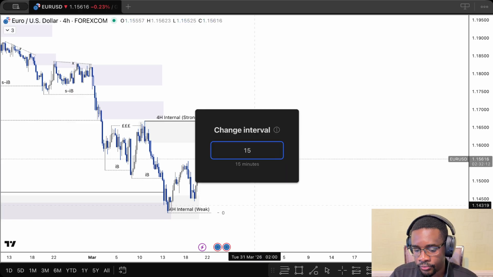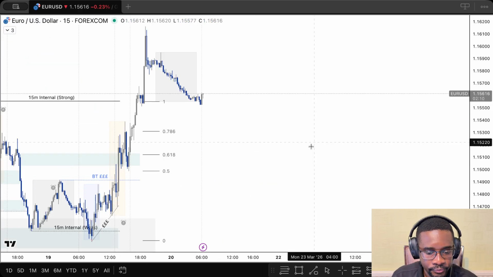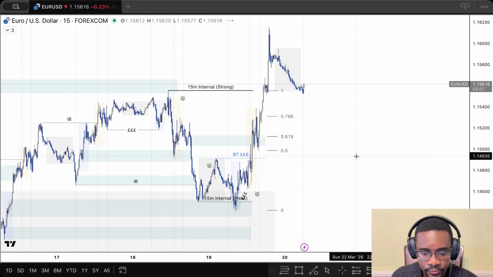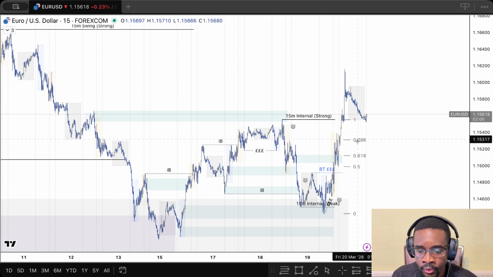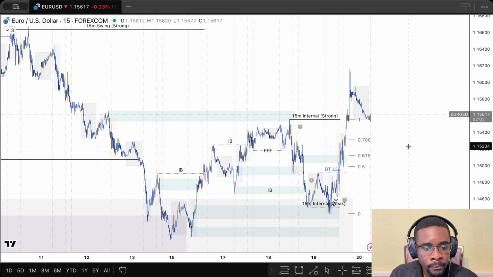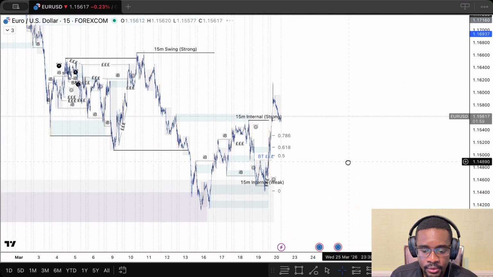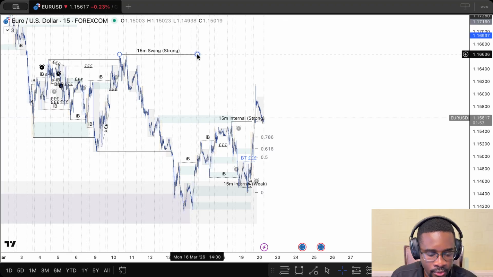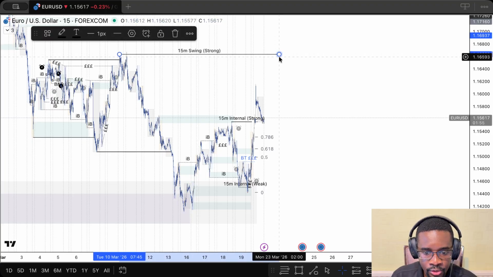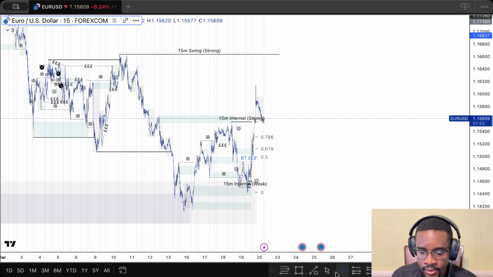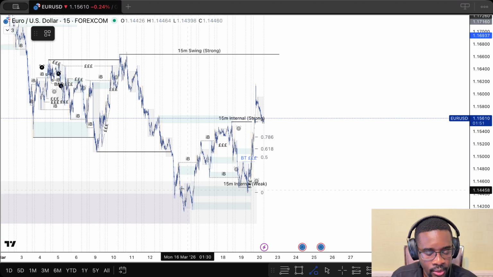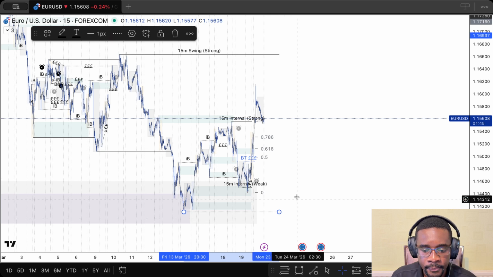So let's look at the 15-minute. This is what I was looking at. That swing high is the same as the 4-hour internal high.